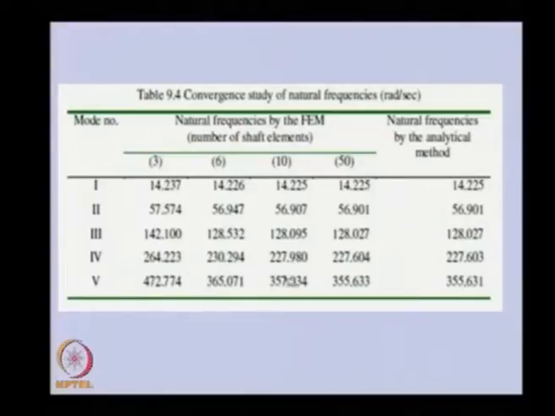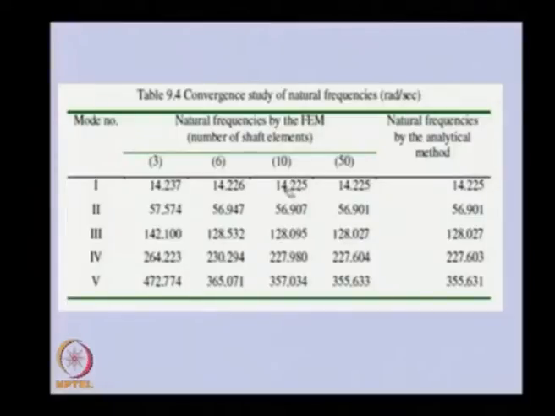That means 10 elements is still giving a better natural frequency calculation for the 5th mode, and even for the 4th there is a slight difference. Generally we will find that if we take more elements, the natural frequencies we get will be more accurate.